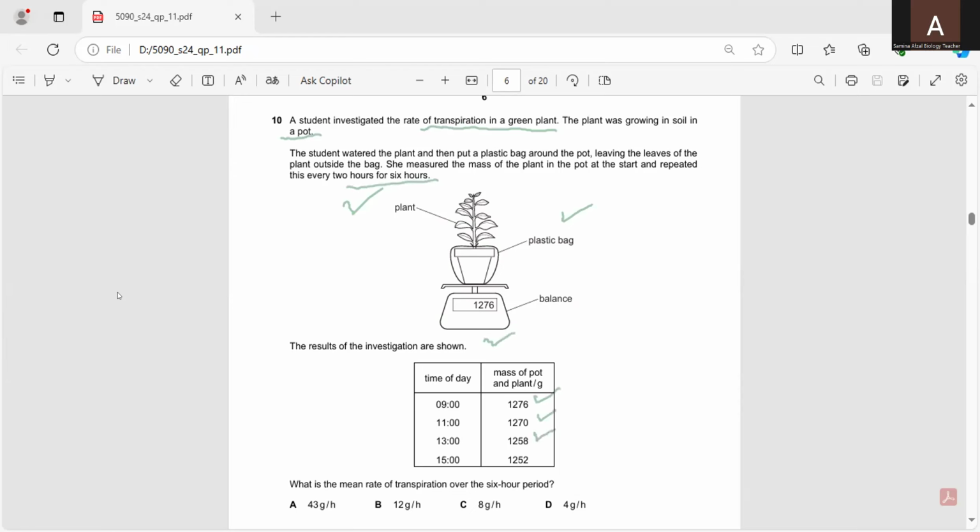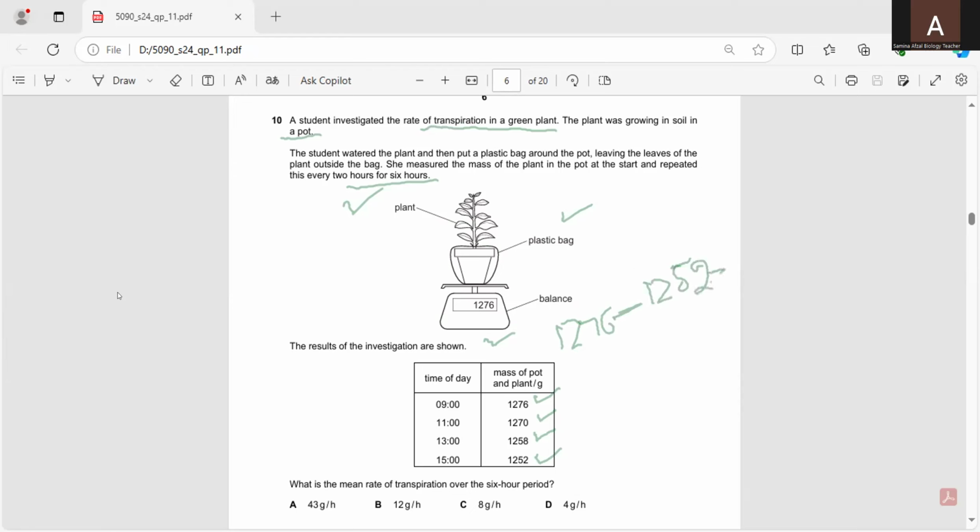At 15, it is 1252. So the mass of the pot and plant is decreasing as time goes on. At the start of the experiment, it was 1276, and at the end, it was 1252.